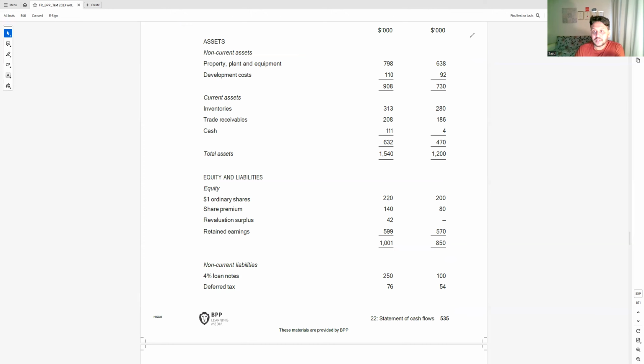According to IAS 7, statement of cash flow, indirect method.